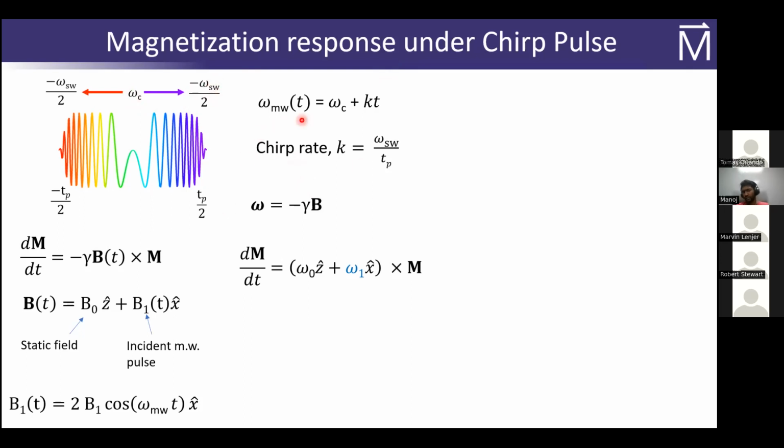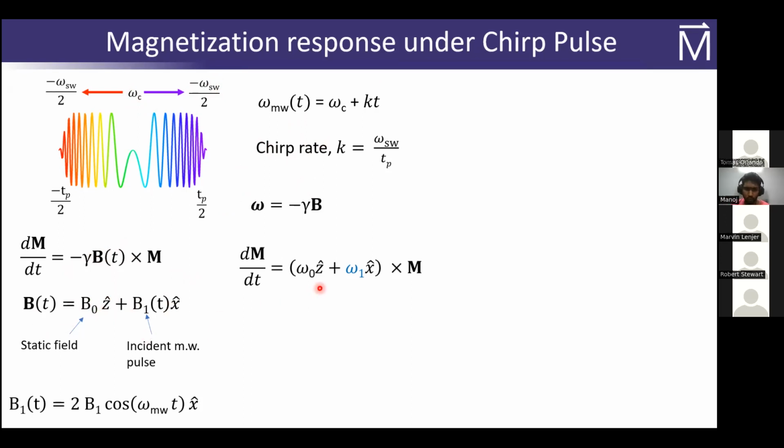And the chirp rate is the ratio of the sweep width over the pulse length. Here I've considered the semi-classical Bloch equation without any relaxation, where B of t is the sum of the static field and the incident microwave pulse.